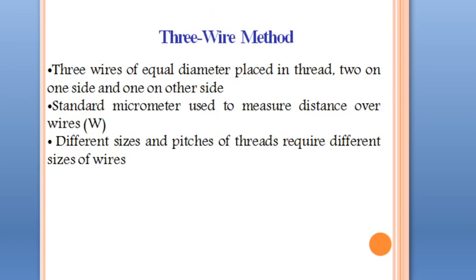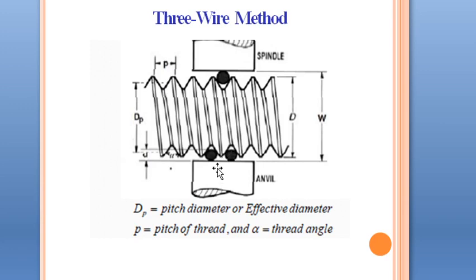The three-wire method. Here, three wires of the same diameter are placed in the thread, two on one side and one on the other side. The fixed anvil has two wires on one side, and the movable spindle has the other wire. In the three-wire method, DP is the pitch diameter or effective diameter.